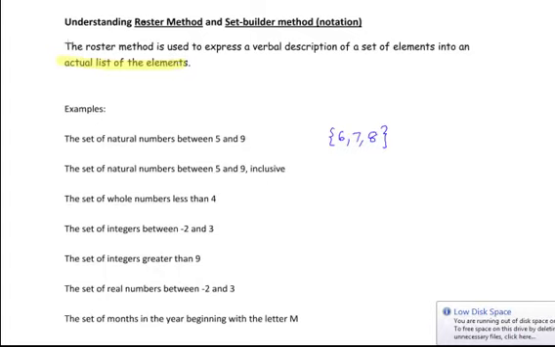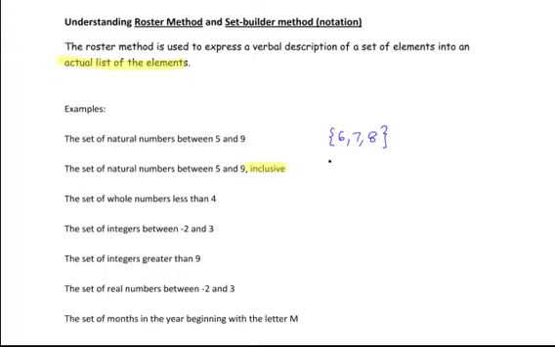Now what's with the 5 and the 9? What if in my set I actually wanted to include those two elements? Well, if we want to include the two elements, then we must redefine our set as the set of natural numbers between 5 and 9 inclusive. That word inclusive will then tell us we need to include the numbers 5 and 9.